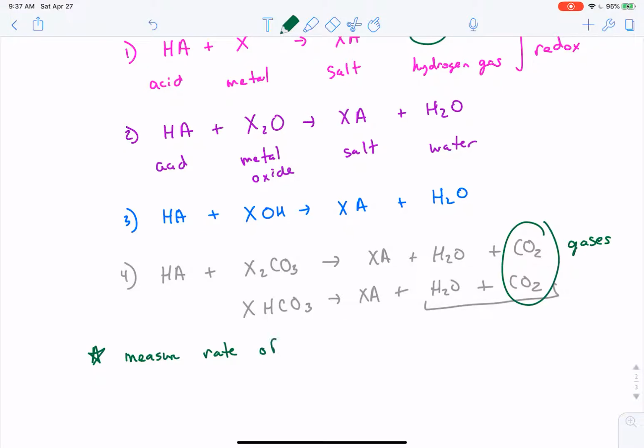Measure rate of reaction by volume of gas produced over time. And you need to emphasize the over time, because if you're just saying volume of gas, that's wrong, because you're going to produce the same amount of gas no matter what. Your question is, how much do you produce over time?